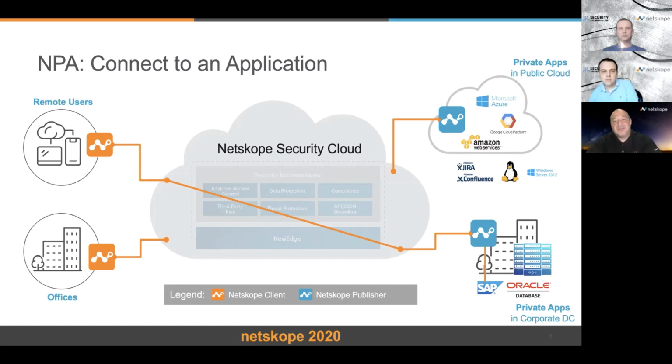We deployed 3 publishers for them in 3 different geographic locations. Just like that, they were able to connect all their thousands of users, I think close to 40,000 users across the globe, to obtain their SCCM patches and software distributions.